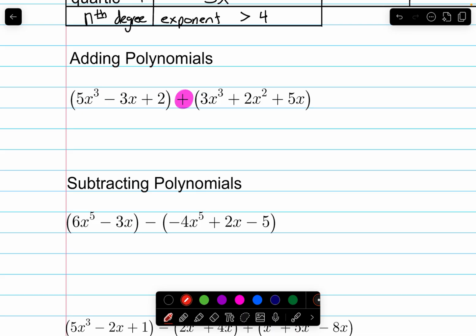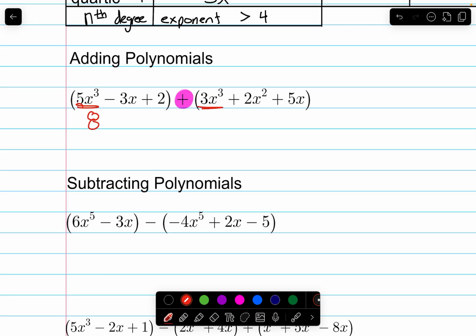Now, when I'm adding these, I can actually just go ahead and ignore the parentheses. So I'm looking for my like terms, and I see that I have a 5x cubed and a 3x cubed. Well, 5 plus 3 is 8. I'm just counting them, so I'm not changing any exponents.